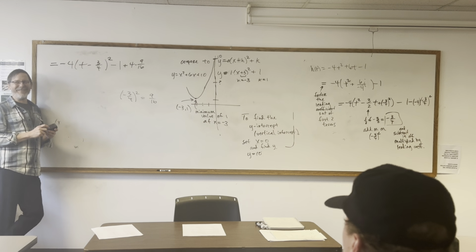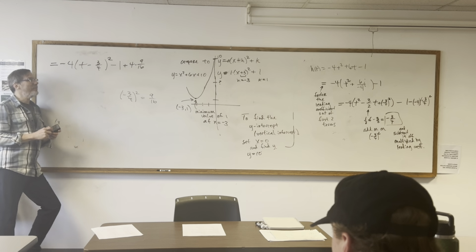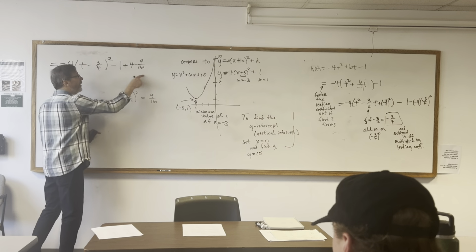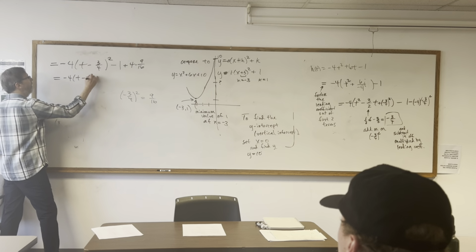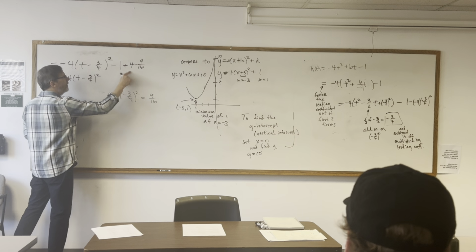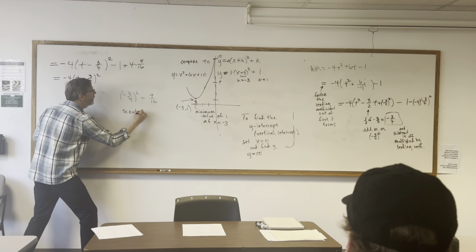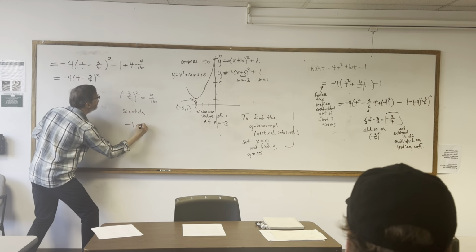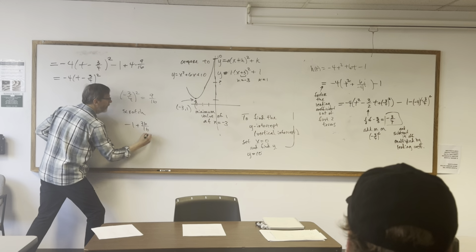So let me stop. Check. And now all I have to do is do this math out here, just add those fractions. So we've got -4 times t minus 3/4 squared. Let's see what we got here. Let's do a little scratch again. I've got -1 plus 36/16.